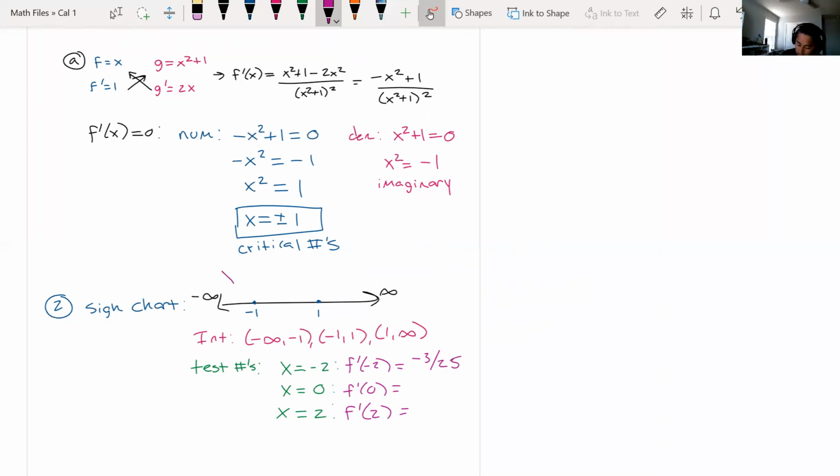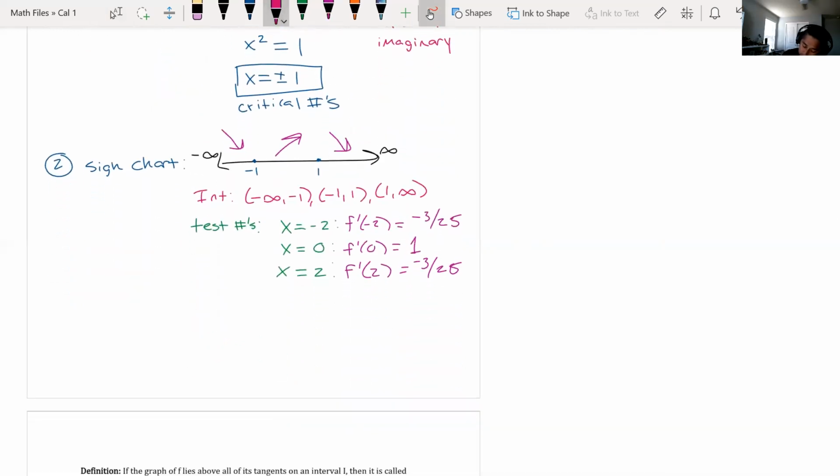So this means we are decreasing. And then if I plug in 0, I'll get 1 over 1. So this just gives me a positive 1. So that means we're increasing. And then if I plug in 2, it's going to be the same result as negative 2. And there we go. We decrease.